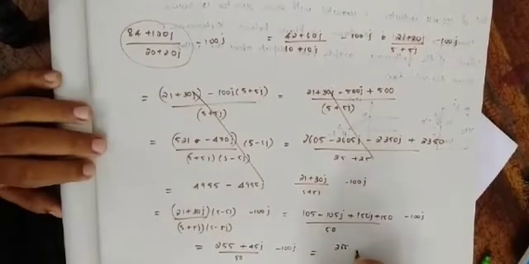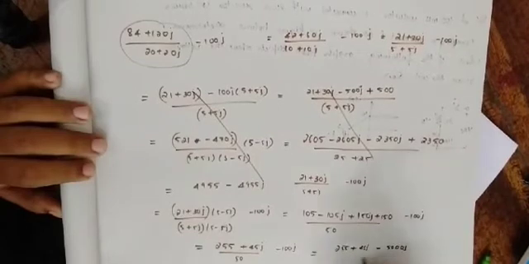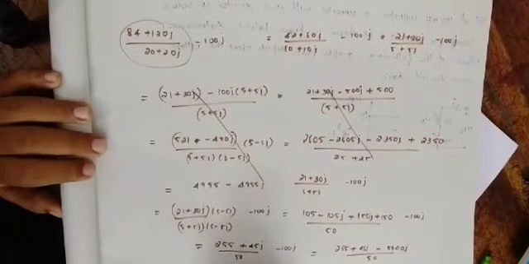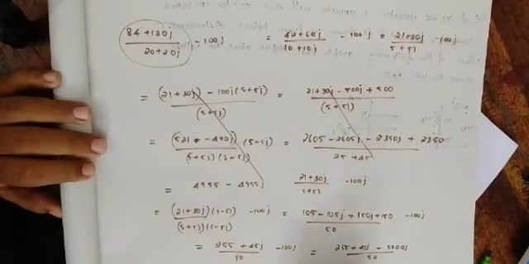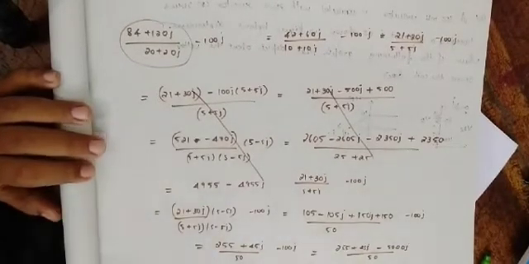We'll get 255 plus 45j minus 5000j, whole divided by 50, which is equal to 5000 minus 45, that is 4955. So 255 minus 4955j divided by 50, and simplifying it, we'll get 5.1 minus 99.1j. So this is the answer for Zin. Okay, so this is the final answer.